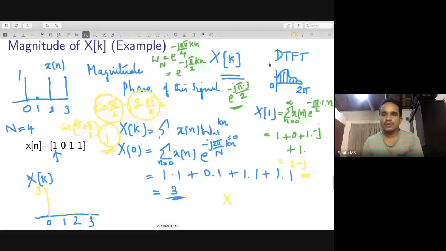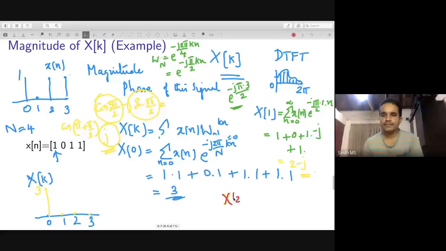Similarly, X2, which is what we have found now, is 2 plus j. Am I right? If anything goes wrong, please tell. I assume that these are the values. Yeah, this 1 plus 2, 2 minus 2 plus j, it becomes 2 plus j.